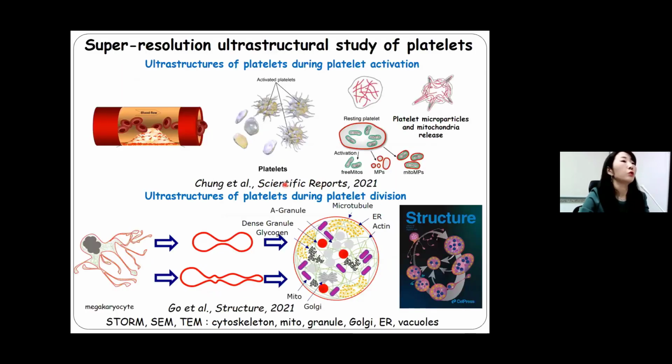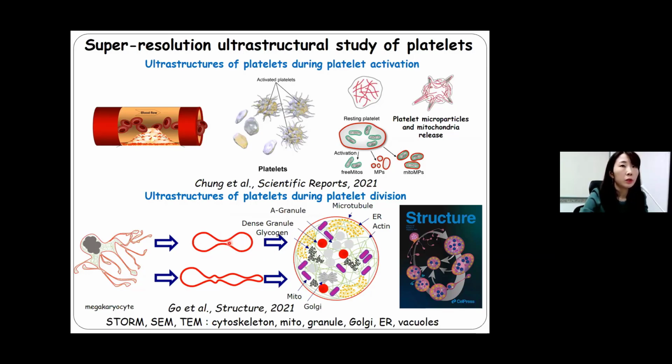Then let's move on to our second topic, which is platelet division. As you might know, although it is known that this platelet does not have nucleus, it was recently suggested that it can be divided into platelet progeny, to control their numbers through these various platelet intermediates.